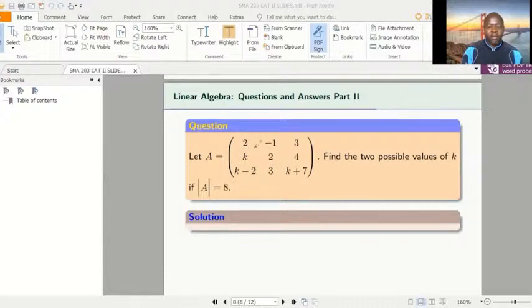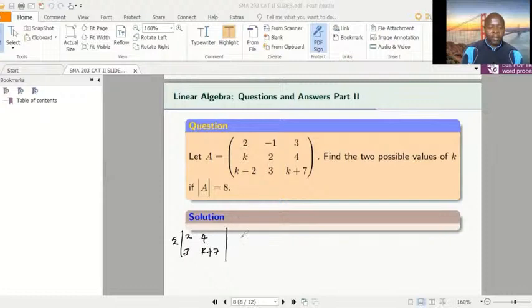Now we can find the determinant along any row or along any column. I choose to find mine along column 1. So if I do that, I would have 2 into, delete the row of 2 and the column of 2, you are left with 2K plus 4 and 3K plus 7.